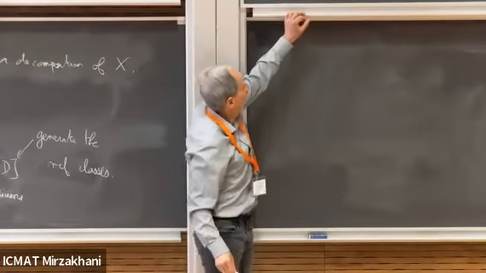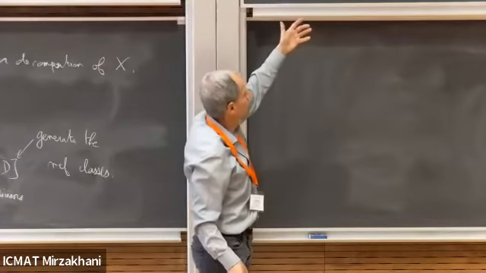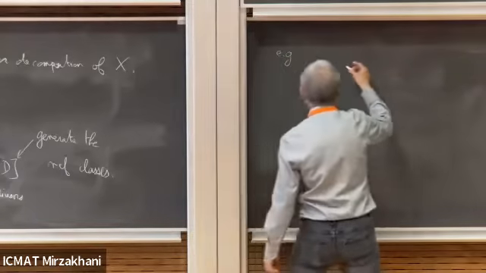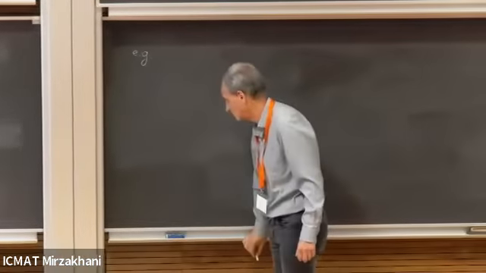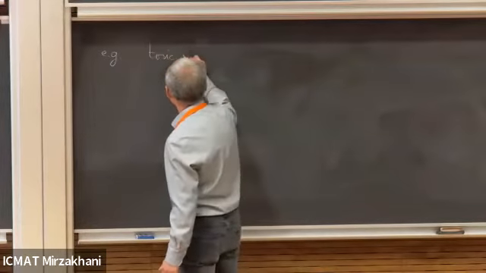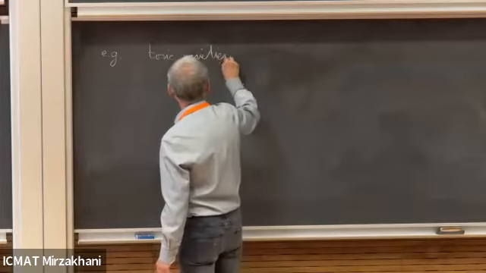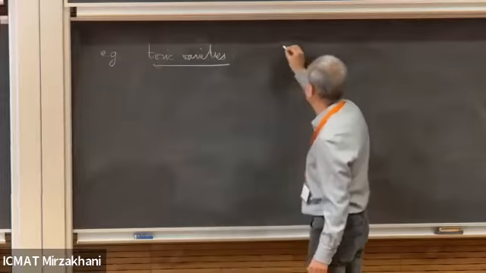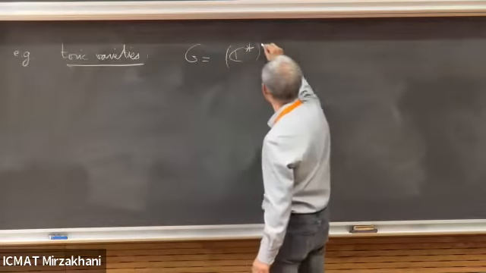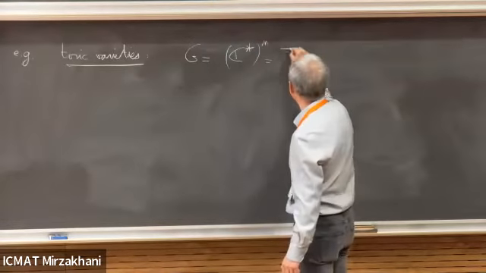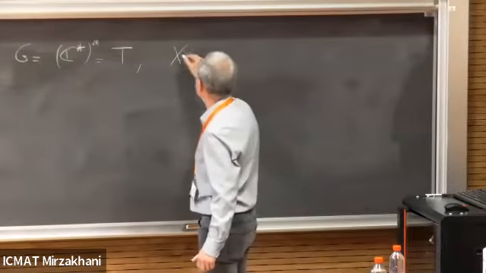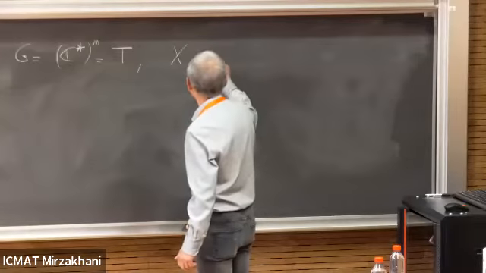And of course, there are some nice classes of almost homogeneous varieties. The ones you certainly have seen or heard of are toric varieties. So here you take for G a torus, which in this setting I write as T. And X is usually assumed to be normal.